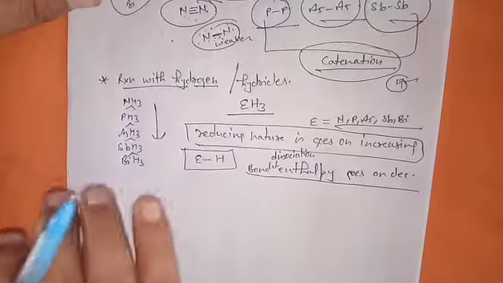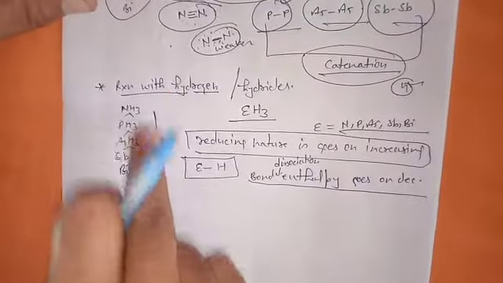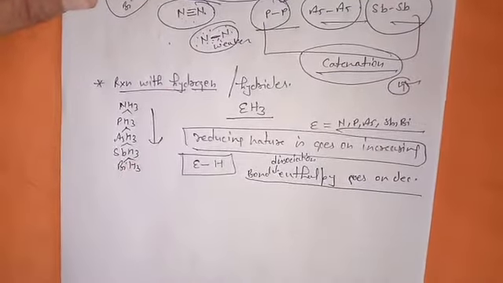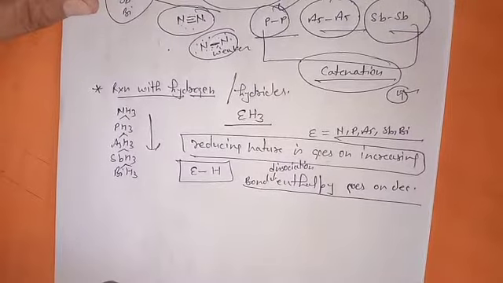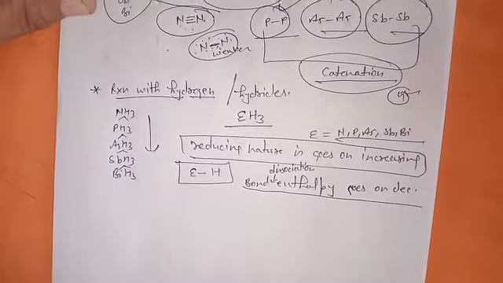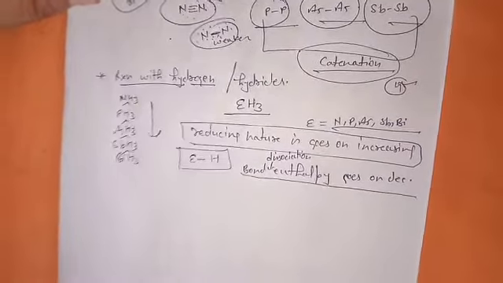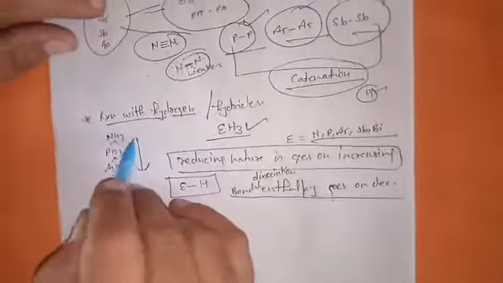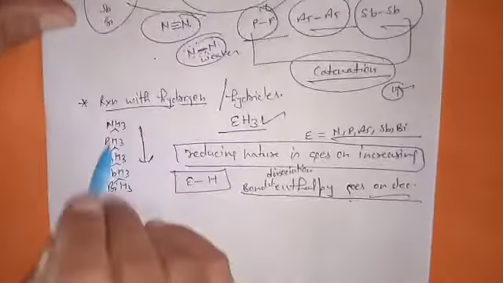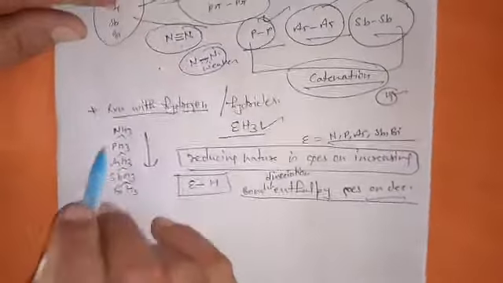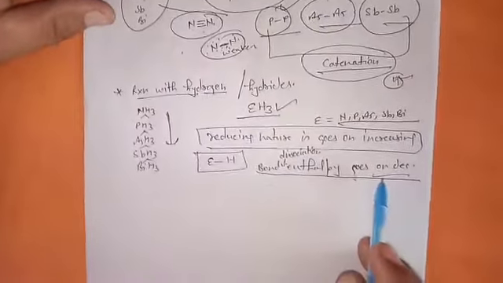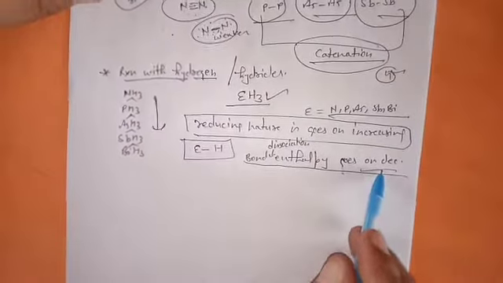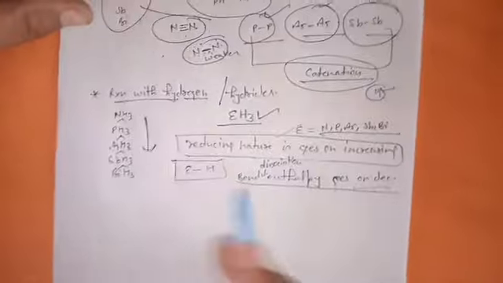So that's why we are saying the reducing nature of the hydrides goes on increasing. Thermal stability goes on decreasing. First, we have to tell in the hydrogen case what kind of hydrides they are forming. Then we have to compare their thermal stability. So thermal stability is decreasing. Then we will discuss the reducing character. Thermal stability and bond dissociation enthalpy are decreasing, that's why reducing nature is increasing.